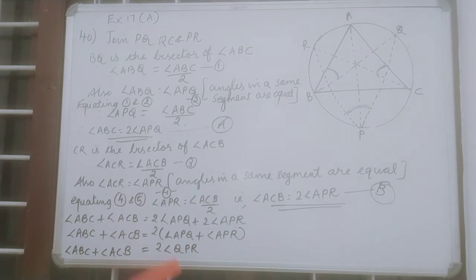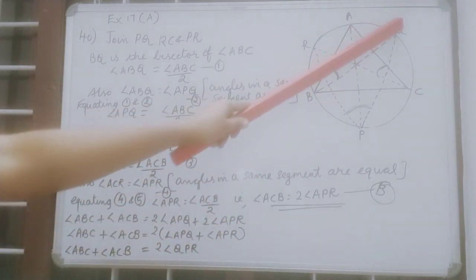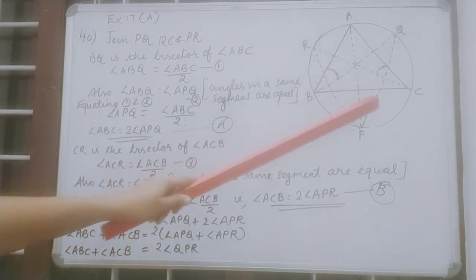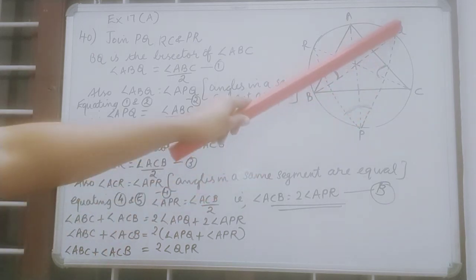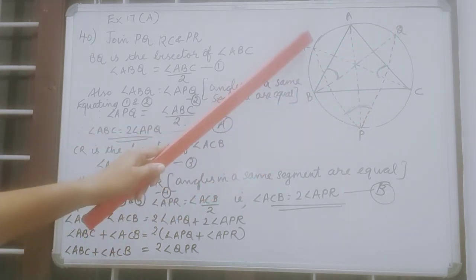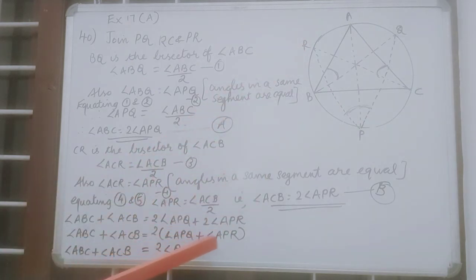So instead of APQ plus APR, we can write it as QPR, this whole angle. So replace APQ plus angle APR with QPR.